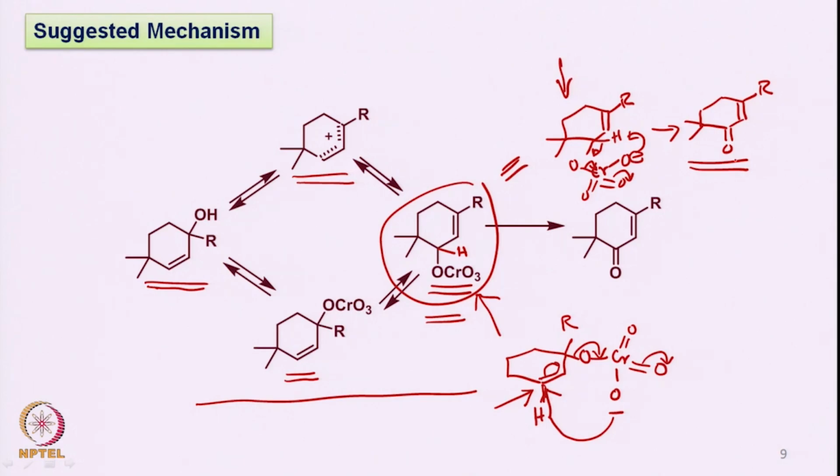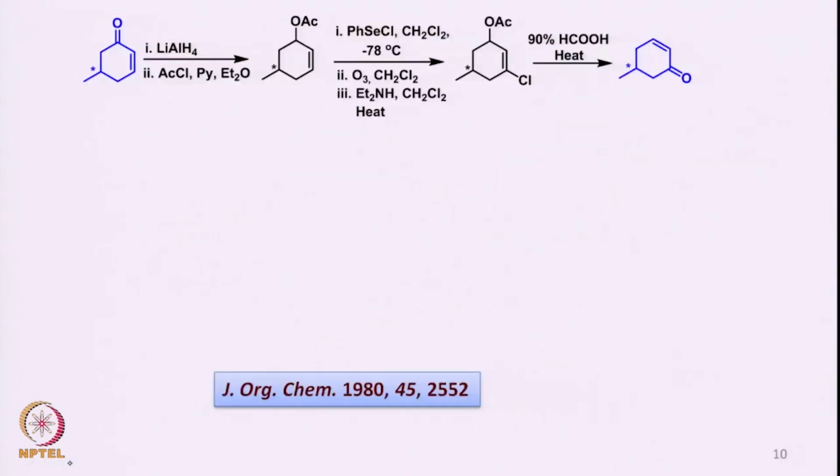So this is one of the very popular methods of converting an alpha beta unsaturated ketone with an extra substitution to the corresponding 1,3 transposed enone.